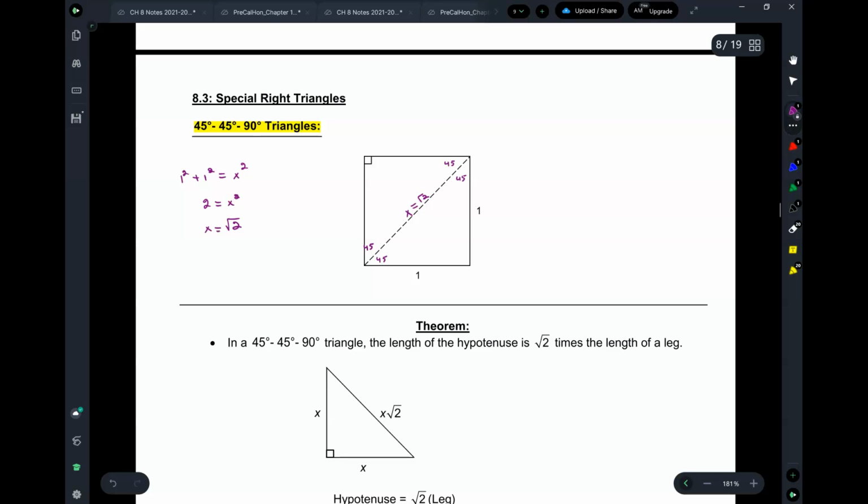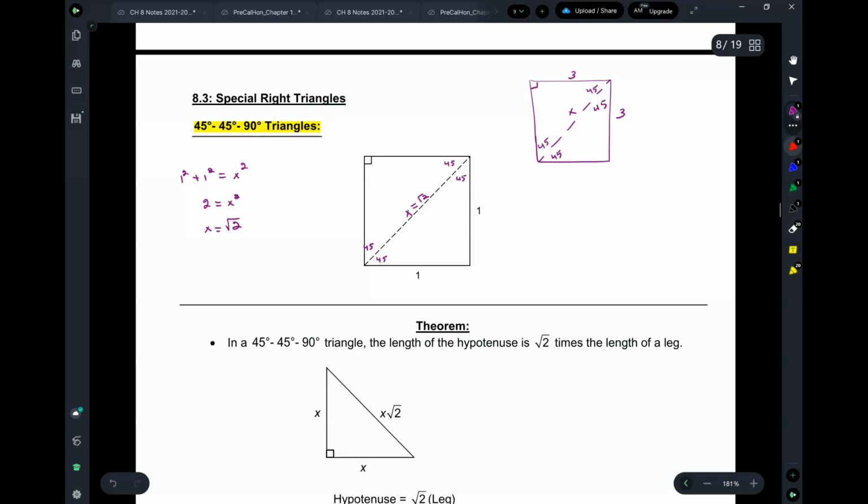Let's take another square. This time, I'm going to make each of the sides 3. Why? I don't know, just because. Take a look at the diagonal. Again, this is a 90-degree angle, and each of these are 45, right?